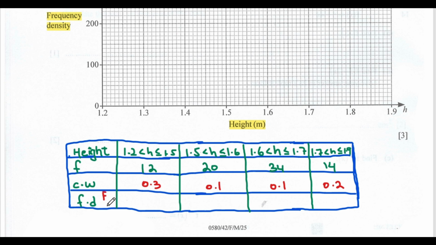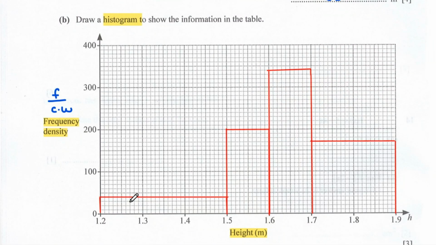Now to get frequency density, I will divide frequency by class width. So 12 divided by 0.3, the frequency density would be 40. 20 divided by 0.1, it is 200. 34 divided by 0.1, it is 340. And 14 divided by 0.2, it is 70. Now I'll draw the histogram on the basis of frequency density.